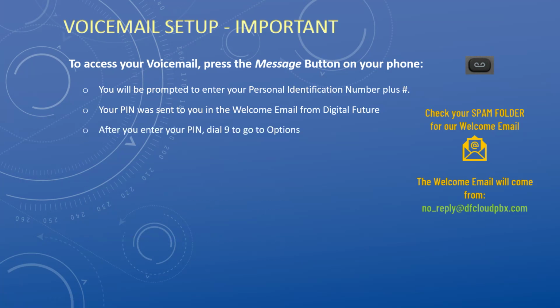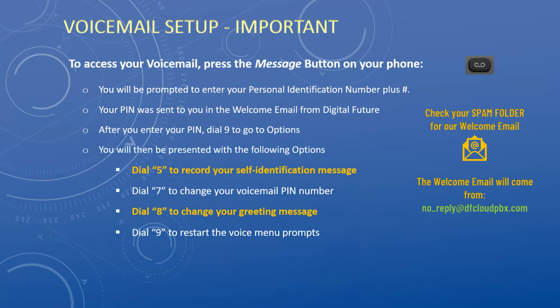After you enter your PIN, dial 9 to go to options, and then follow the following process. Most importantly, dial 5 to record what the system refers to as your self-identification message, which is just the recording of your first and last name.